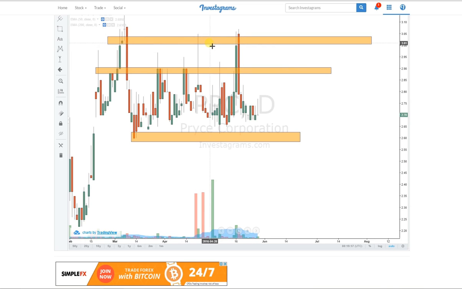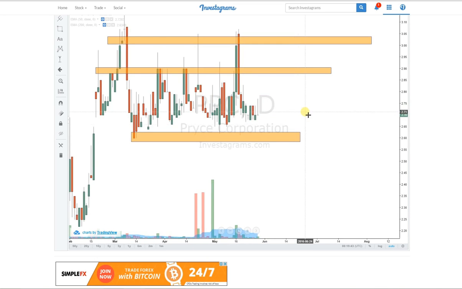So perhaps on that price level, it's a bit expensive, or some sellers just want to sell at 3. So basically, the resistance level represents your supply. So that's where the sellers want to sell. All right? So it's a pretty basic concept. Again, just to reiterate, support is your demand and resistance represents your supply.